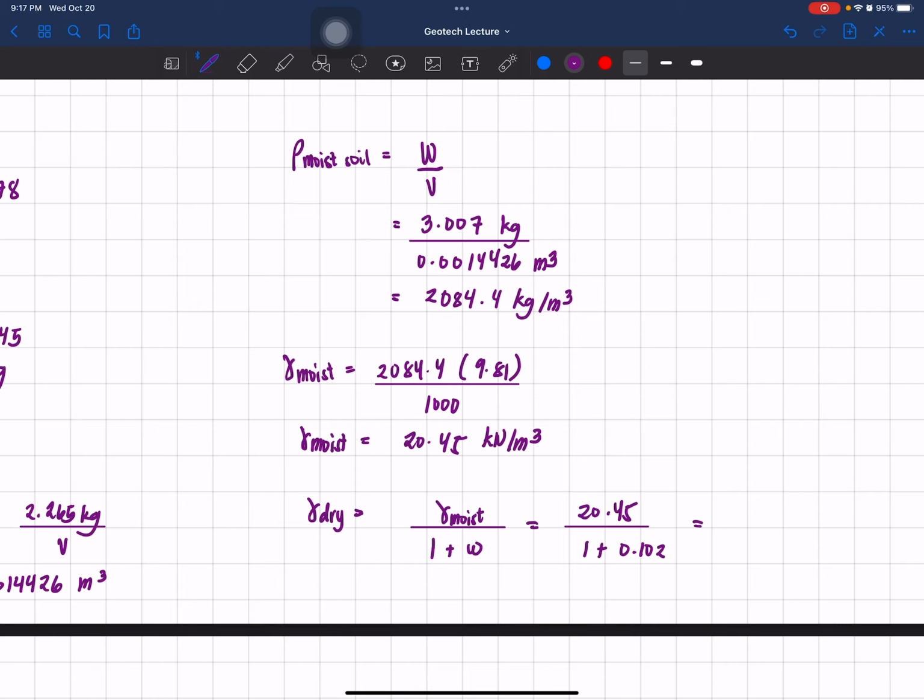So this is equal to 18.56 kilonewton per m cube. That is now the answer for question number 1.